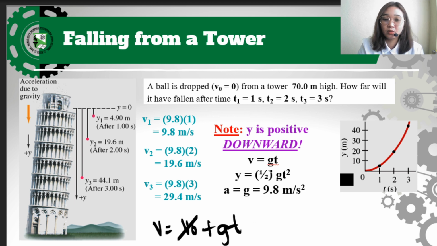So, from these values, ito po yung itsura ng graph niya. So, from 10, 20, 30, 40 interval, from 0 to 1 second. So, nag-increase po siya ng 9.8 meters per second squared.